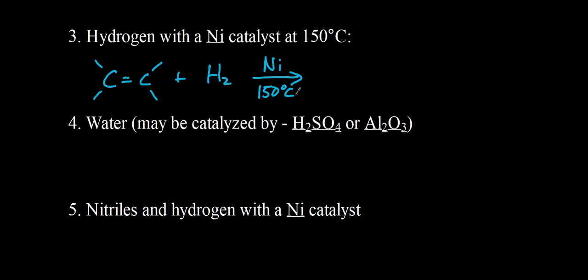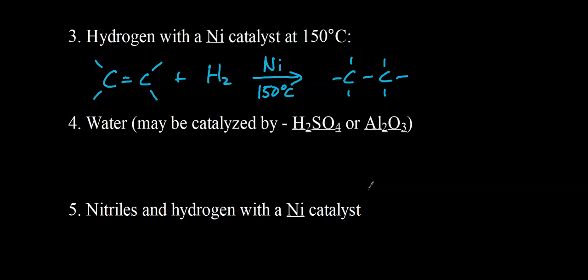So any reaction conditions, whether it's a high temperature or a particular catalyst, make sure to indicate that either above or below, in this case above and below the arrow. And so what we end up with is, of course, converting our alkene into an alkane. So we go from ethene, in this case, to ethane.